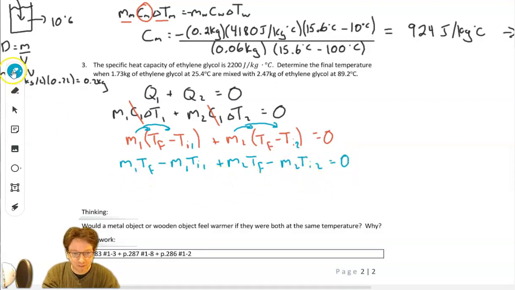And since I'm solving for TF, what I'll do is I'll take those two terms and factor out a TF. So TF multiplied by M1 plus M2. Add the other terms, this one and this one.